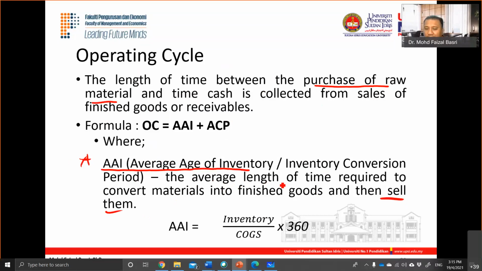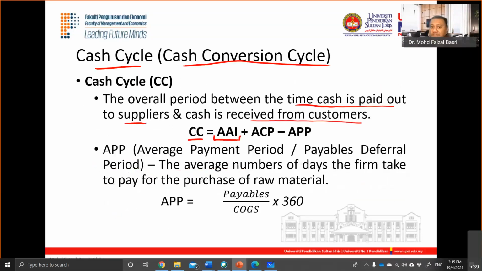The average time taken to convert material, meaning from the day you purchase raw material, you produce it as finished goods, and then you sell it to the customers. So the total number of days taken will be your AAI, average age of inventories. I repeat, AAI stands for Average Age of Inventories.